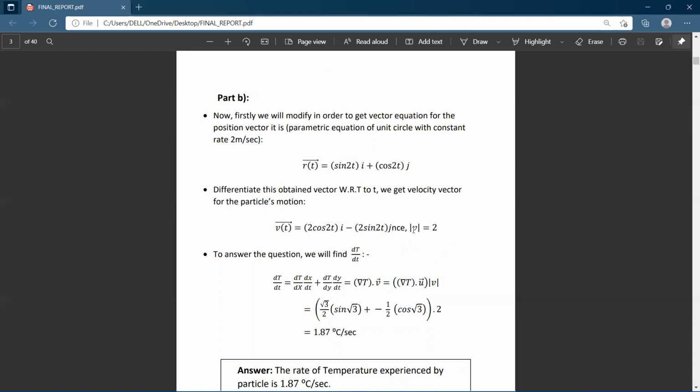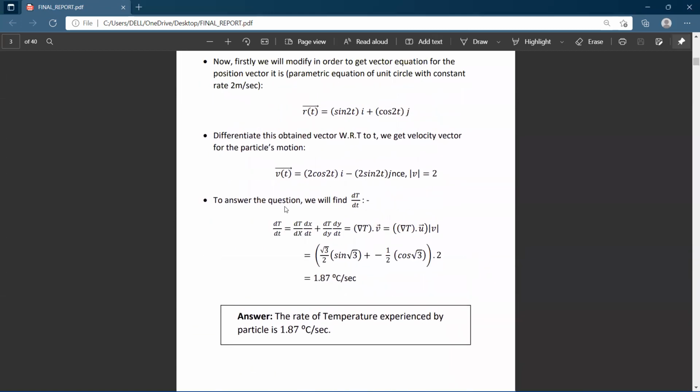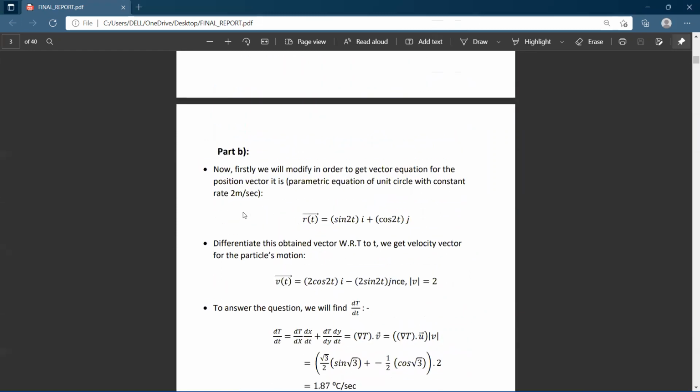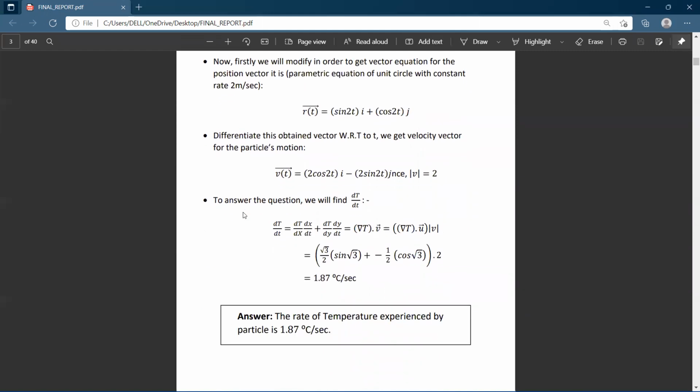Now we want to find the modulus of this vector, which will be 2, as we can clearly see. And we want to find the change in temperature with respect to time, so we find dT by dt, which is the derivative of temperature with respect to time.